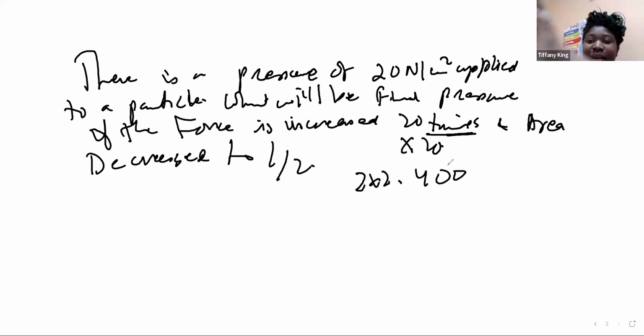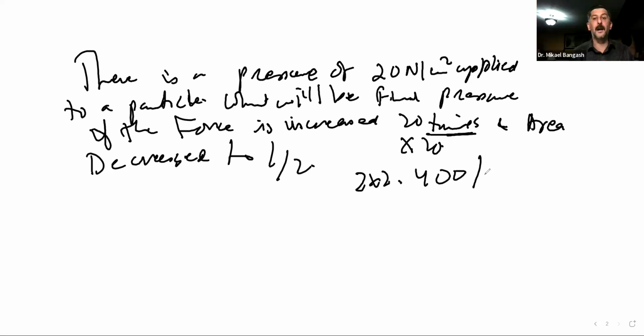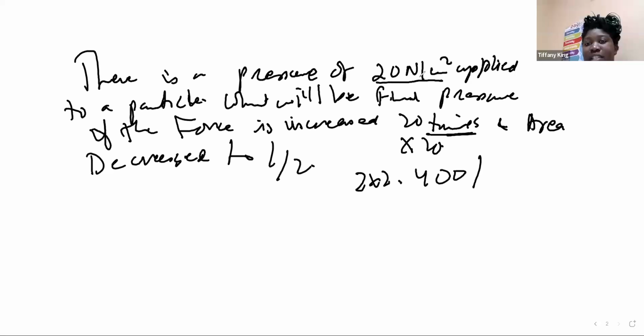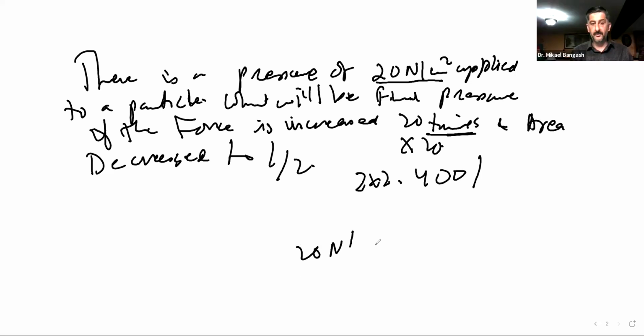And then you divide it by 10, right? Why do you divide by 10? Because you said the area is decreased by half. First you had 1 centimeter square, so this should be understood as 20 newtons for 1 centimeter square.